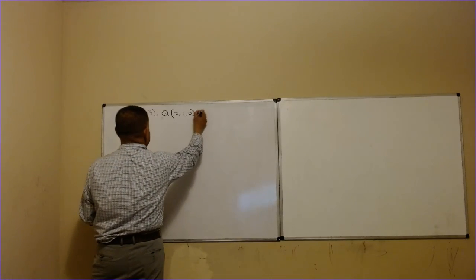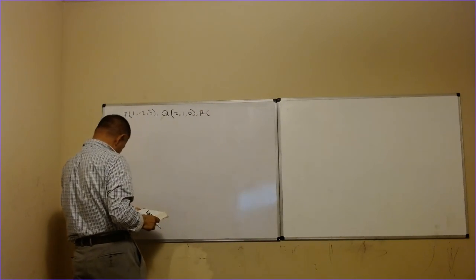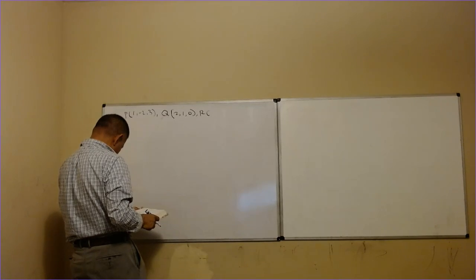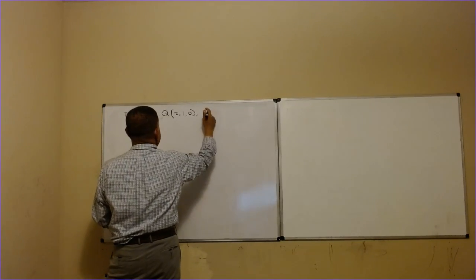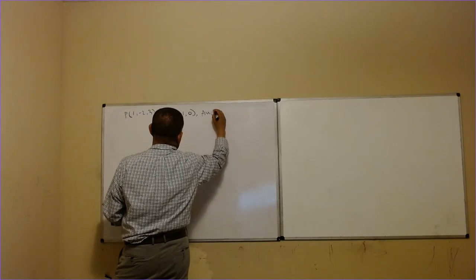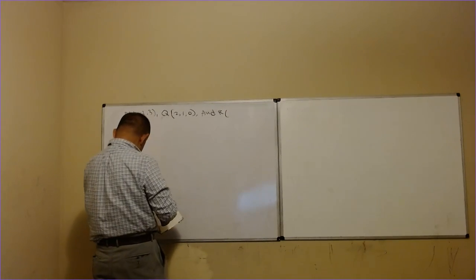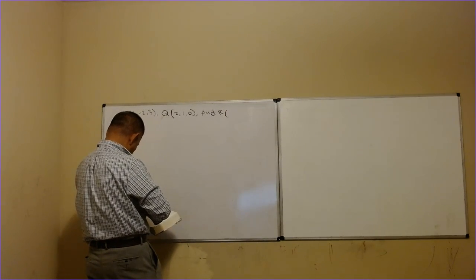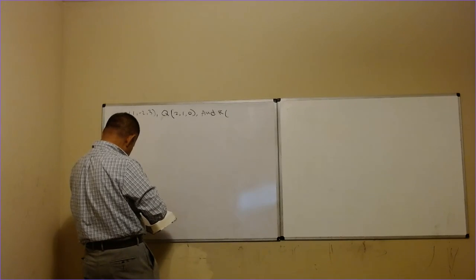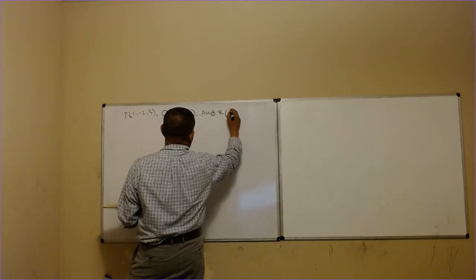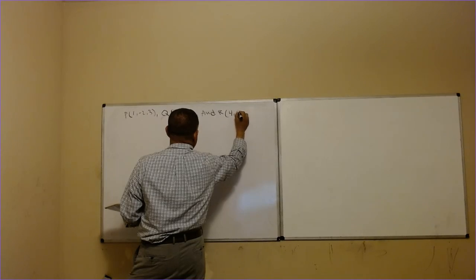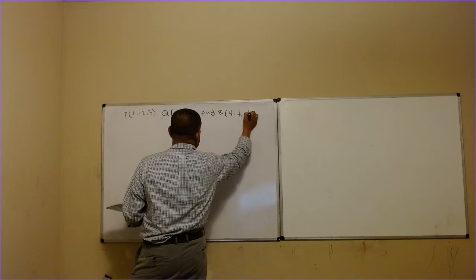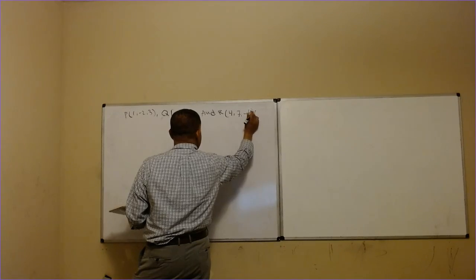And R is, okay, let me just do it in the box space. Point R is (4, 7, -6).